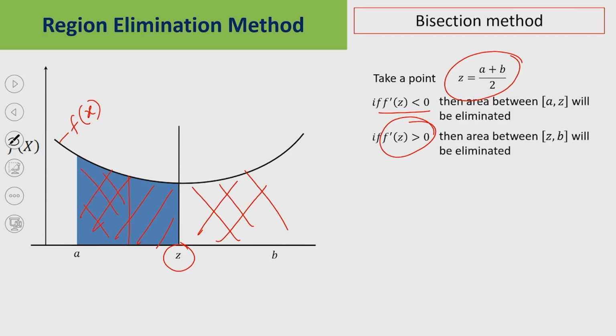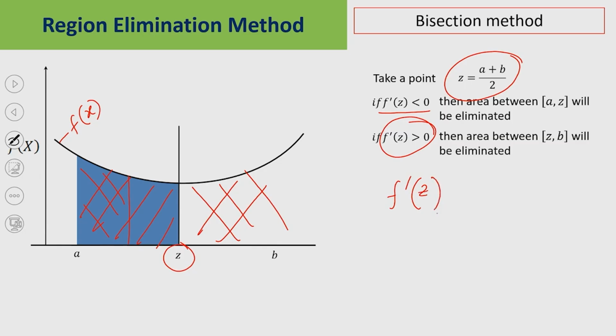Now, the question is that every iteration we are eliminating 50% of the area, because we are taking z at the midpoint. So, 50% of the region we are eliminating here, and every iteration we have to calculate the value of z.